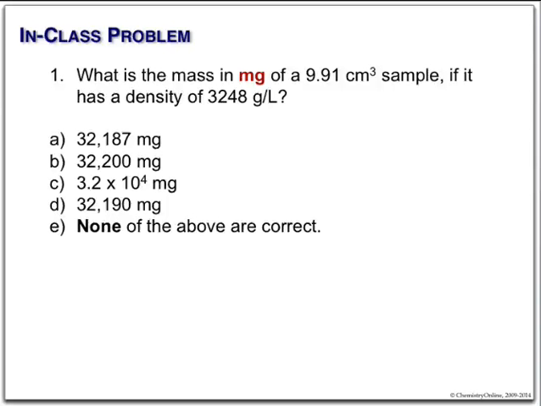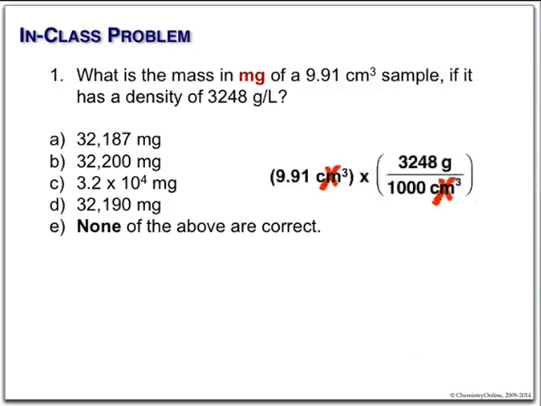Okay, here's one of the test questions on this area. We want a mass in milligrams. We have 9.91 cubic centimeters as our volume, and we have a density. What I'm going to do here is simply take my given, which is our volume.